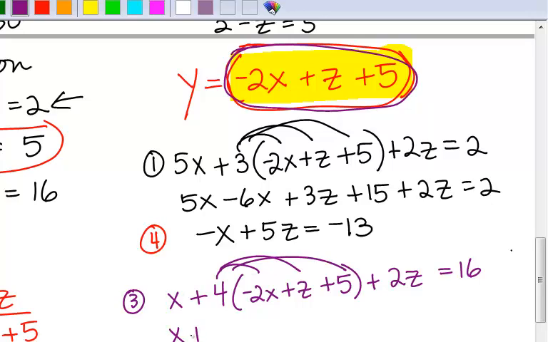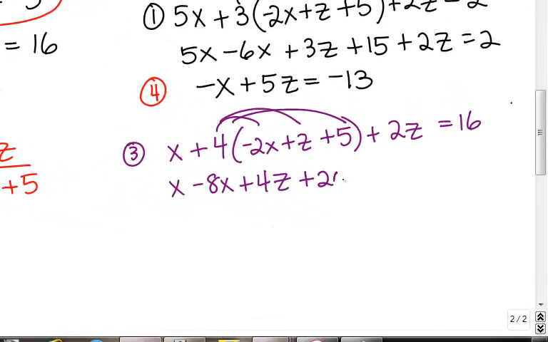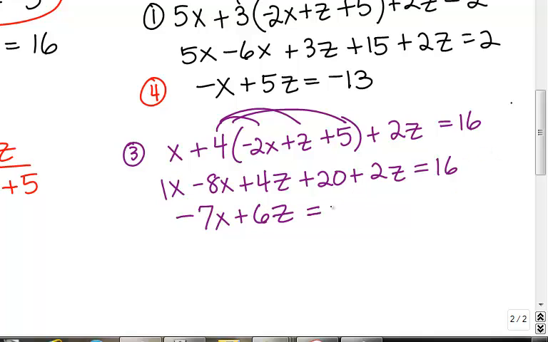So I'd have x plus, minus 8x plus 4z plus 20 plus 2z equals 16. Combine like terms. 1x minus 8x, negative 7x, 4z plus 2z plus 6z. Bring the 20 over, equals negative 4. So this is our new equation number 5.